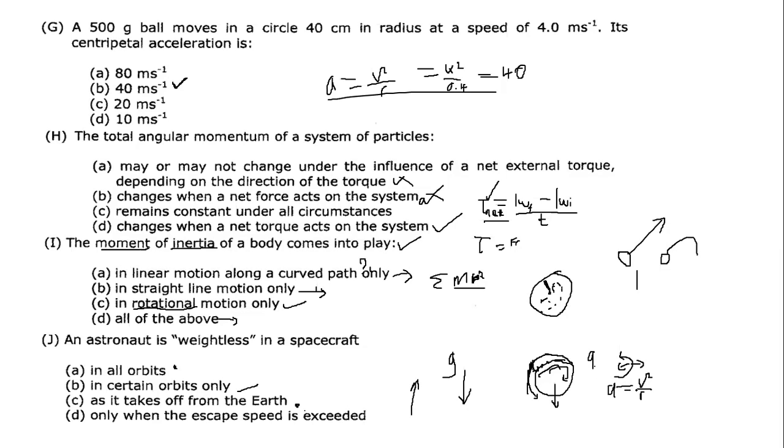You would see that you would need to increase your velocity so that you keep the acceleration equal to 9.8 meters per second squared, so that you maintain your orbit. And as you are moving around, do you know what you feel? You feel like you don't have weight. Even if you are moving at the height of my head, if you keep your centripetal acceleration equal to 9.8 meters per second squared, you'll feel weightless.